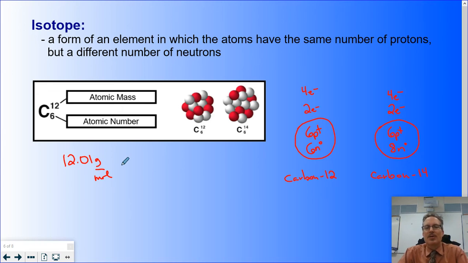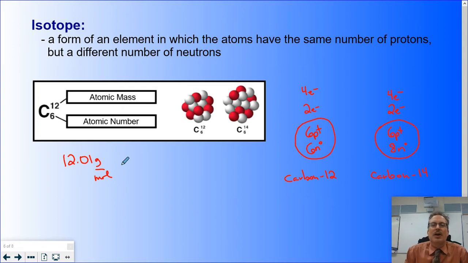Now, is it possible that something is a little bit lower as well? Certainly. That just means that their isotope might be a low number. Phosphorus is 30.97, so almost 31.